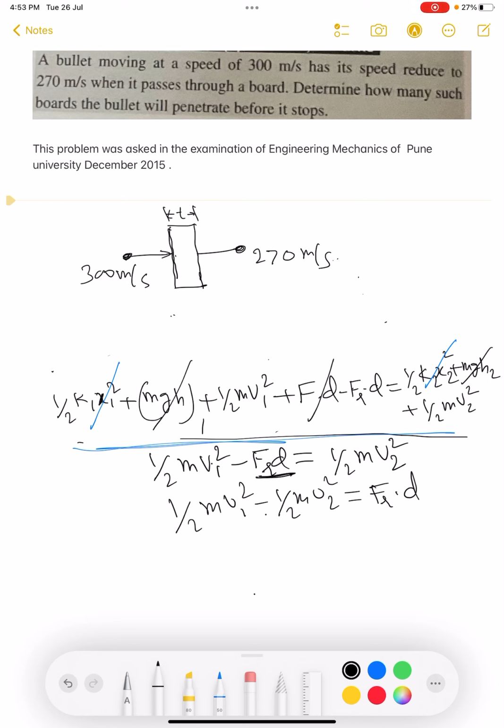So what we do now, let us add more boards. Let's say we don't know how many boards, I'll just add some boards. It should be of the same thickness.